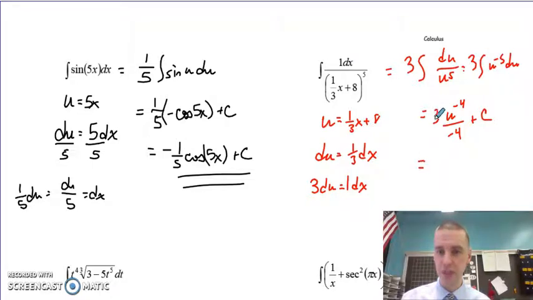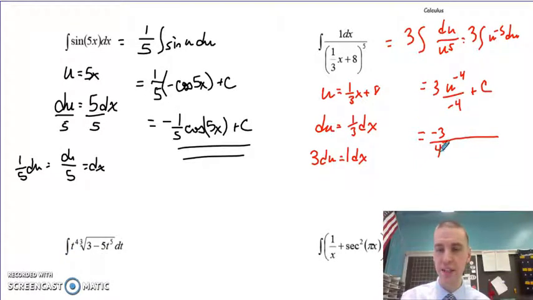And so we can rewrite this as negative 3 over 4. Notice that you have u to the negative 4. We know that u then is going to come into the denominator. And so we're going to say u, which is 1/3 x plus 8, to the negative 4. Well, they brought it down, so now it's positive 4, plus c.